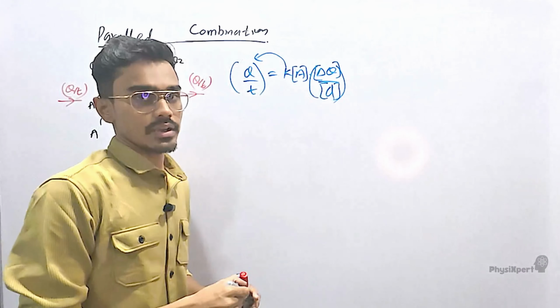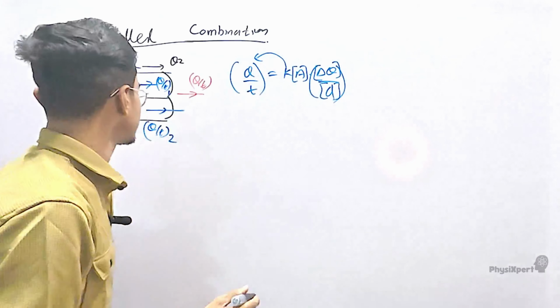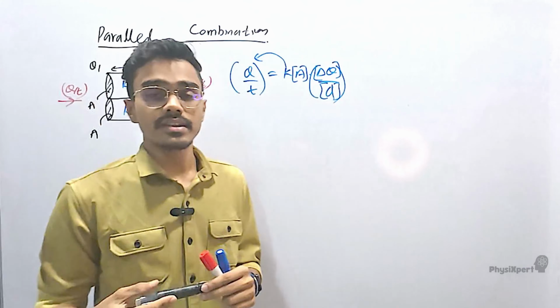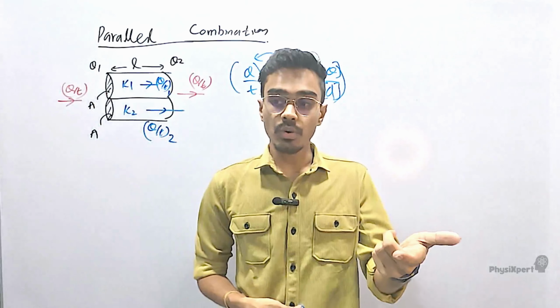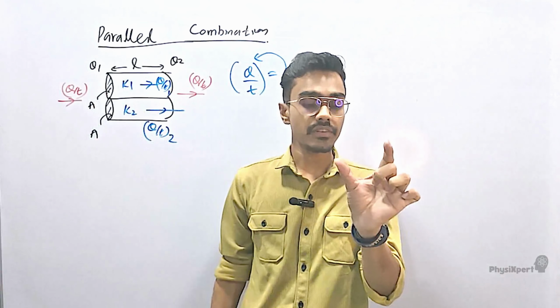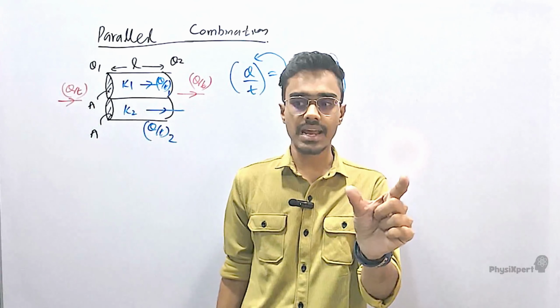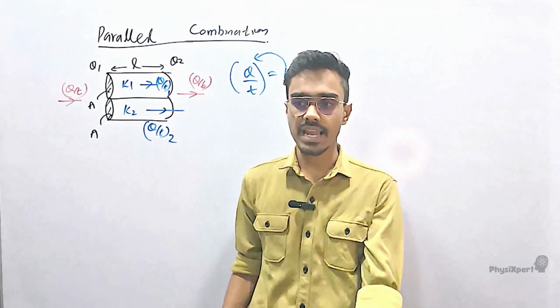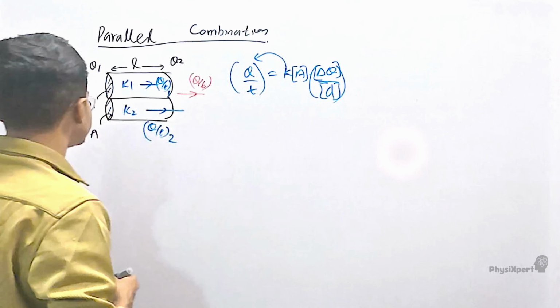Okay, now to replace this system with an equivalent: the system had an area of 2A with the length L. Therefore, the equivalent should be doing the same thing single-handedly, so it should have an area of 2A, right? That is important.